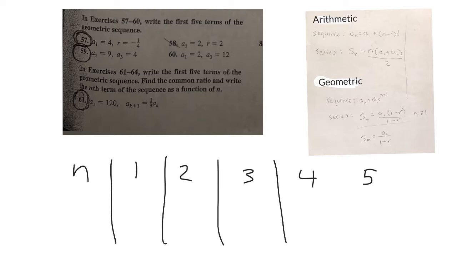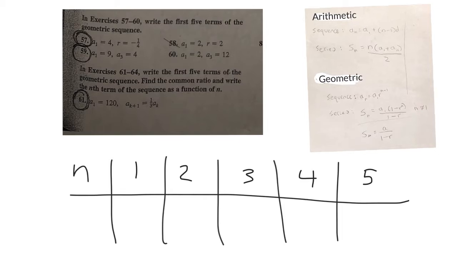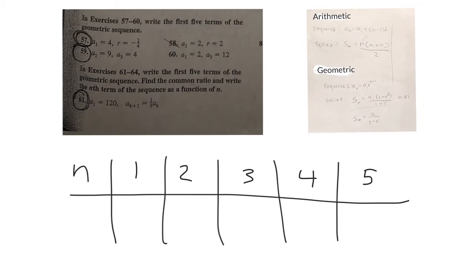Let's begin our columns. Cut across right there. And looking at this, a sub 1 is 120. So as soon as you know something, just put it there, right? And then it's like a sub k plus 1 equals 1/3 a sub k.